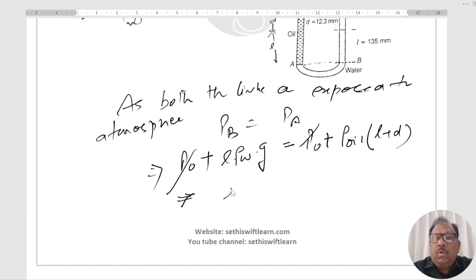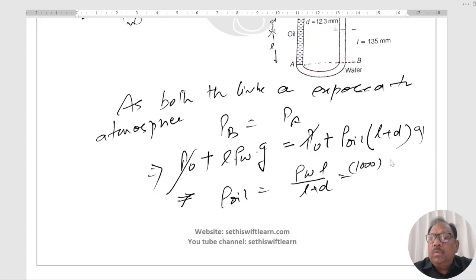Then rho oil comes out to be, G will cancel out, rho W divided by L over L plus D. Rho W is 1000 kg per meter cube into L. L is 135 mm upon 135 plus 12.3.